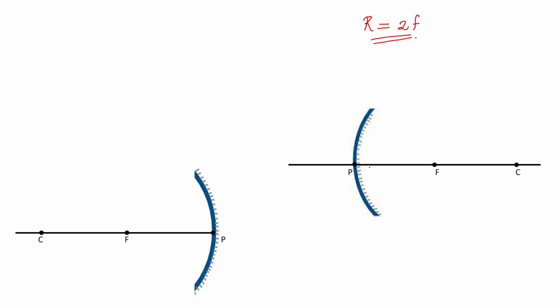So you have to take equal measurements between P and F and C. For example, if this is 2 centimeter, this should be 2 centimeter, to satisfy this relation, R means from here to here is your R. So if this is 4 centimeter, your focal length should be half of that. That is why I told you to draw the points with equal measurements on the principal axis. That is the important point you should keep in mind.